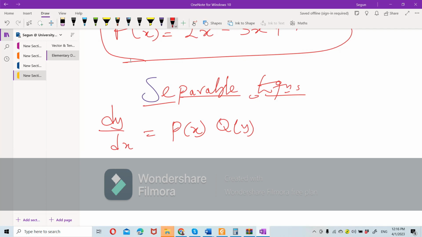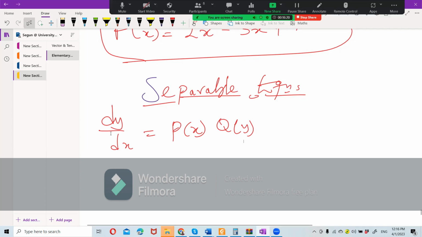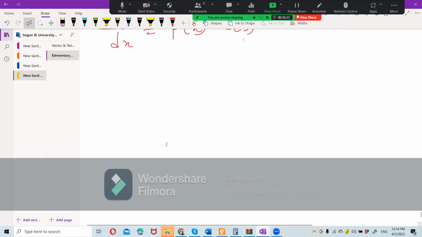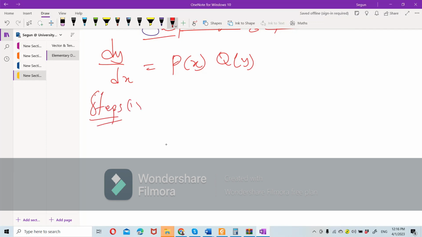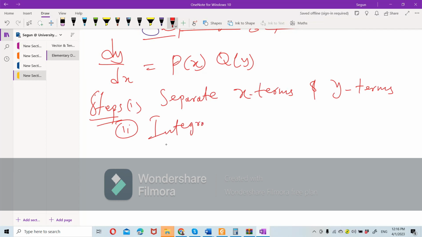So in this step, some of the things we need to focus on are: step one, separate x term and y term. Step two, integrate both sides.